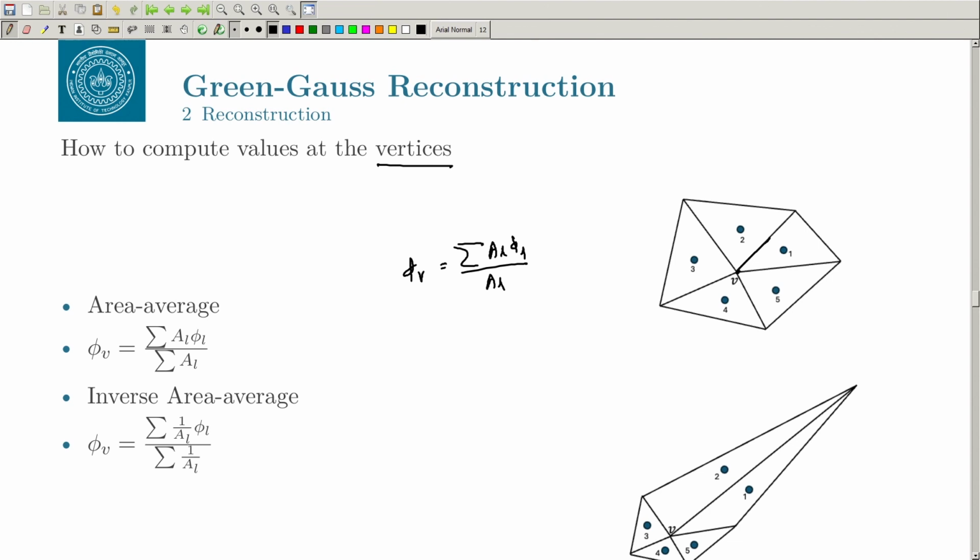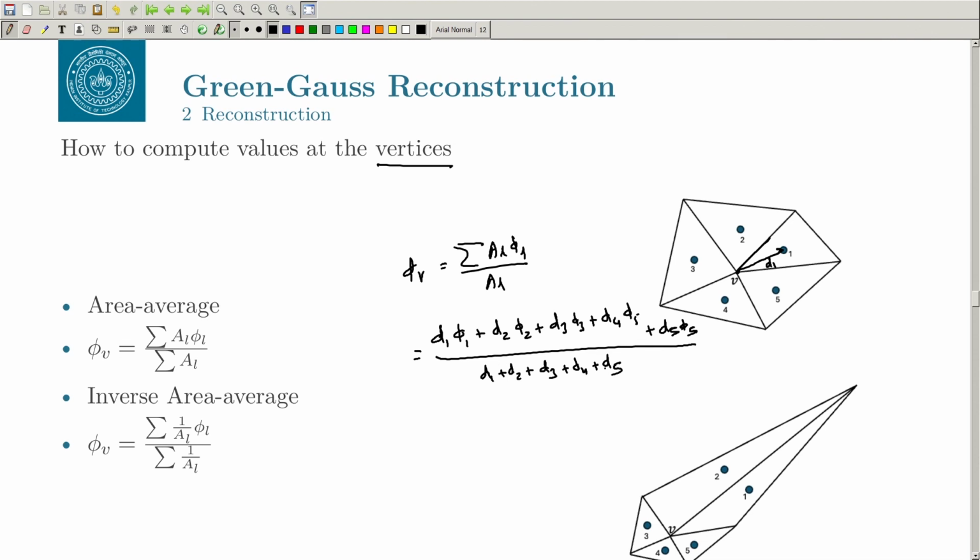Let us say this is my D1, so this will become D1 phi 1 plus D2 phi 2 plus D3 phi 3 plus D4 phi 4 plus D5 phi 5, divided by D1 plus D2 plus D3 plus D4 plus D5.